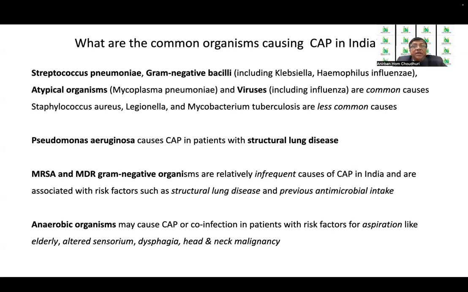So in these patients we can have pneumonia because of anaerobic organisms, either singularly or as co-infection. So likewise, in every patient who comes with community-acquired pneumonia, if we know what kind of organism is likely to be the cause of this infection, it will become easier for us to choose the appropriate antibiotic.